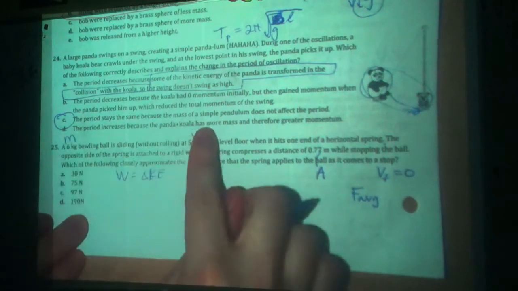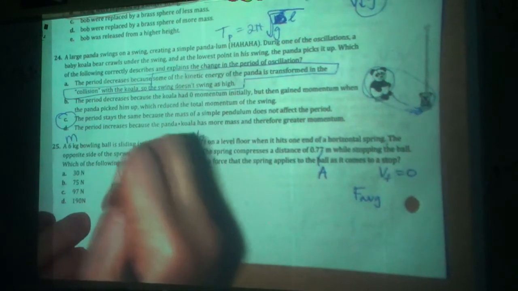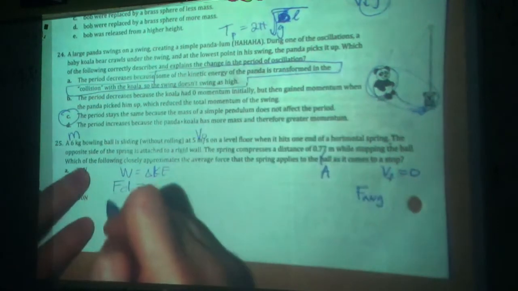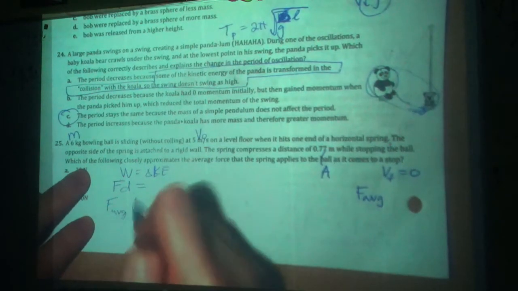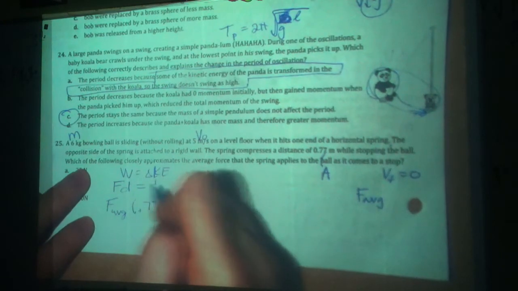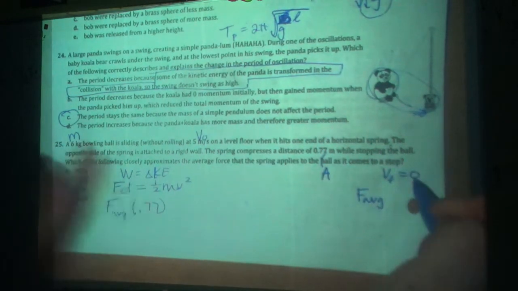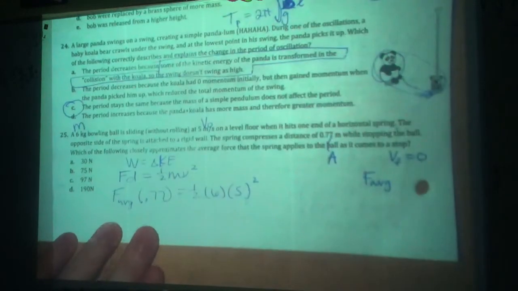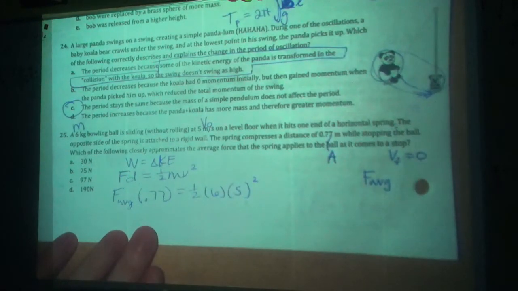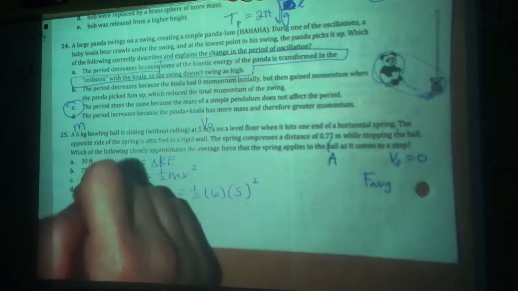The kinetic energy comes from the work that the spring is doing. And remember, work is also Fd, so the average force that the spring is doing times this displacement, 0.77, would just be equal to the change in kinetic energy. Because it's going to 0, it's just the kinetic energy at the beginning. So that would be equal to 1/2 times 6 times 5 squared. Then you divide over, and you're going to get 97.